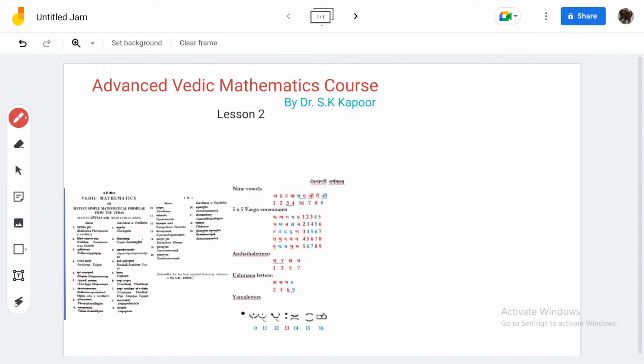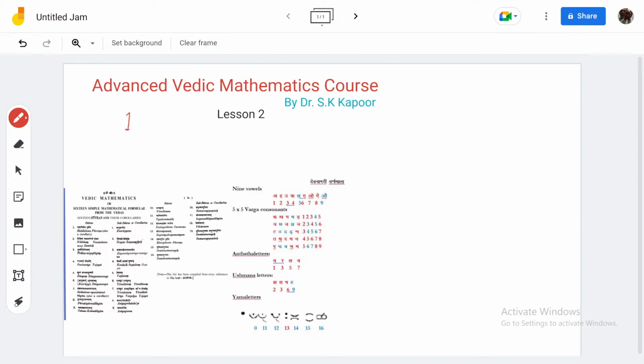Welcome. Today, in continuity of lesson 1, we are proceeding ahead with lesson 2. This lesson is introducing the importance of the translation of the text into different folds.